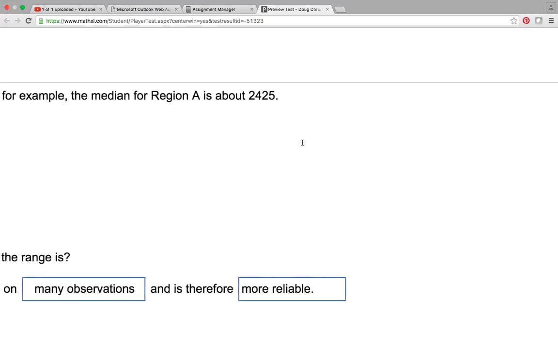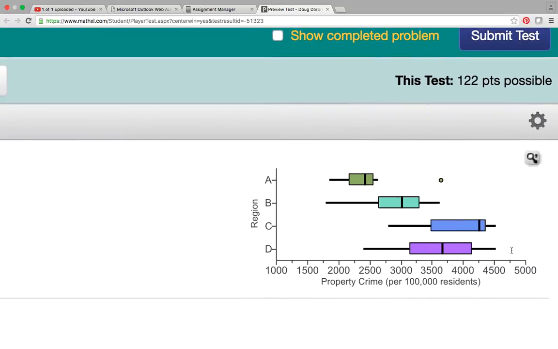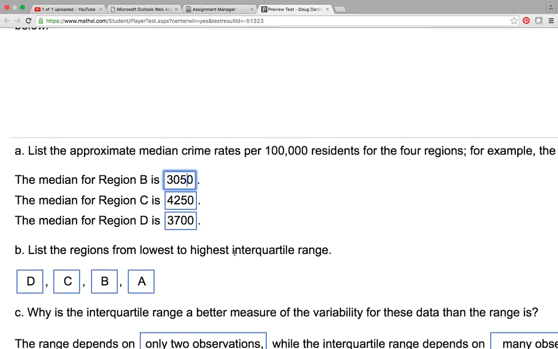Median for C is, I'm not willing to go off 4,250 on that one. The median for D, so that's going to be 3,750, 3,700.